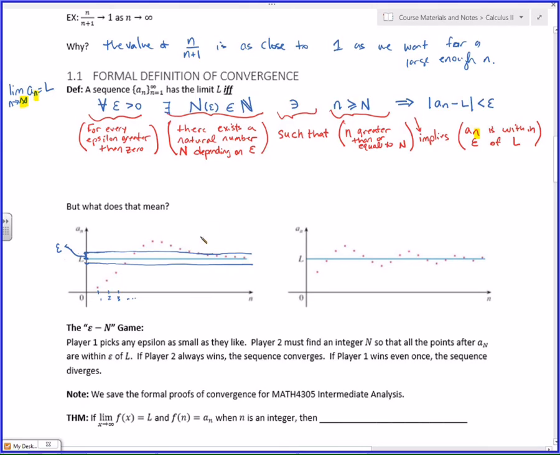And I can, right? Maybe right about here. That's the end that I'm talking about. From this point forward, all the sequence is inside.